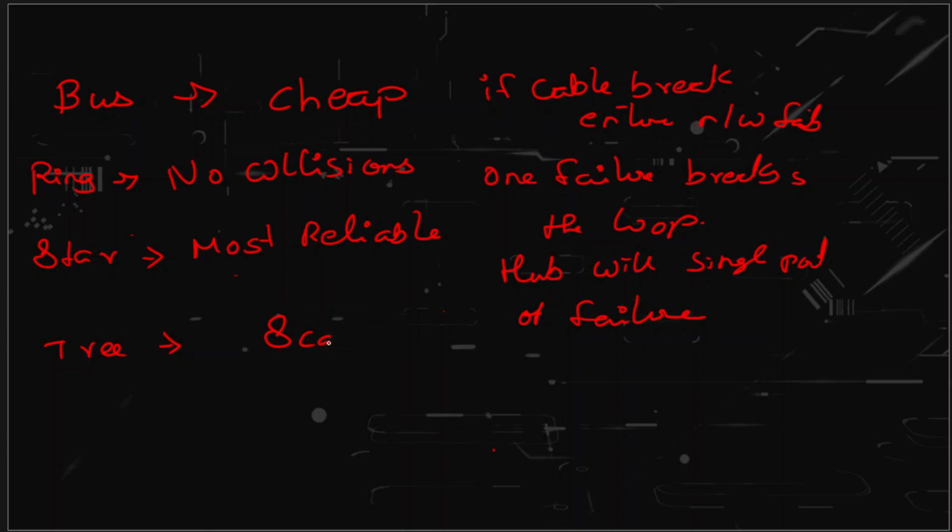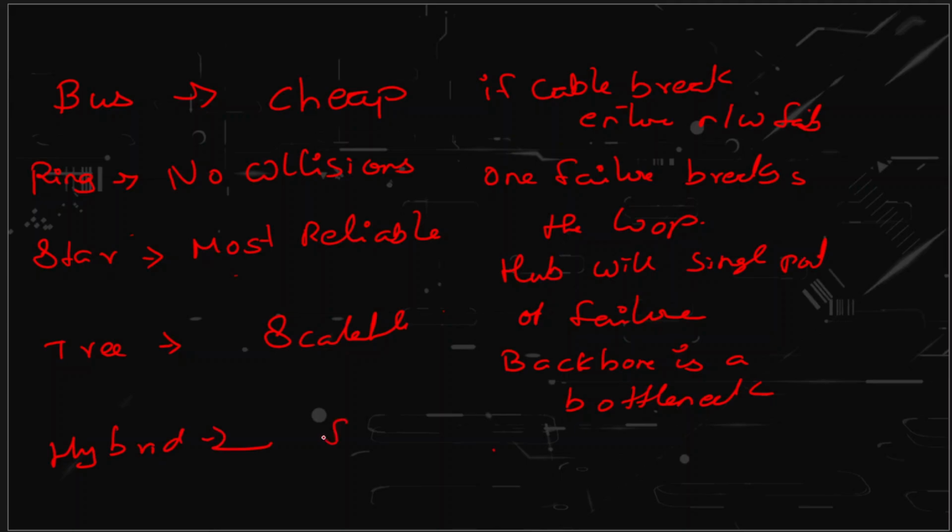Tree is scalable, but the backbone is a bottleneck. Last but not least, hybrid. Hybrid is more flexible but complex to design. These are the summary of this video.